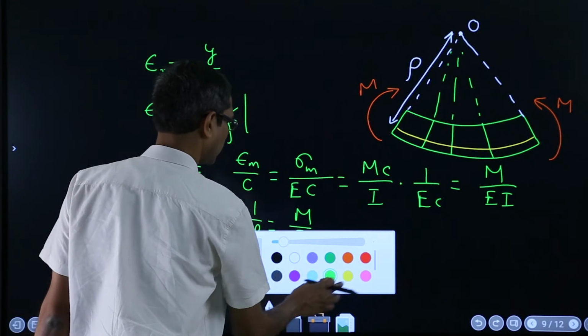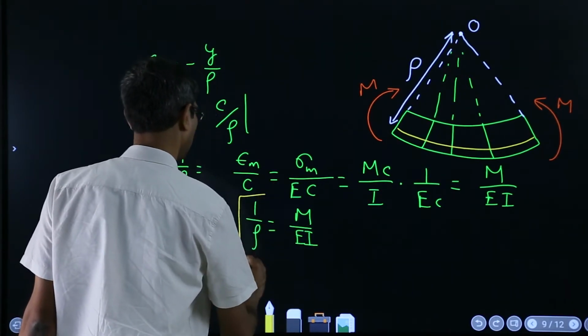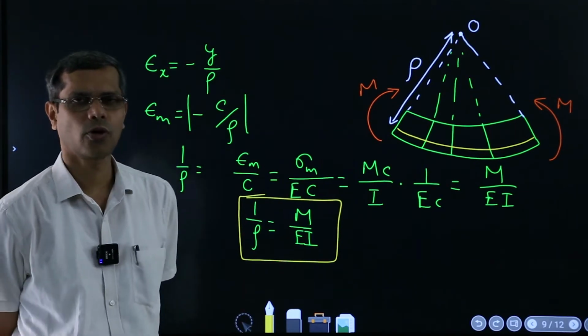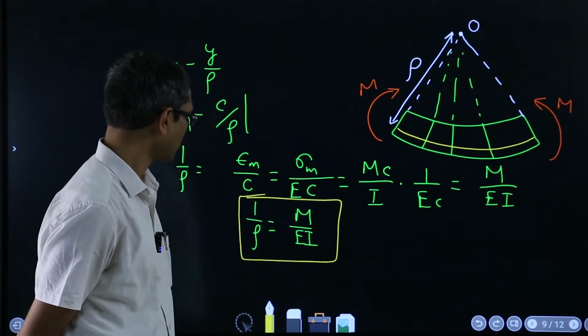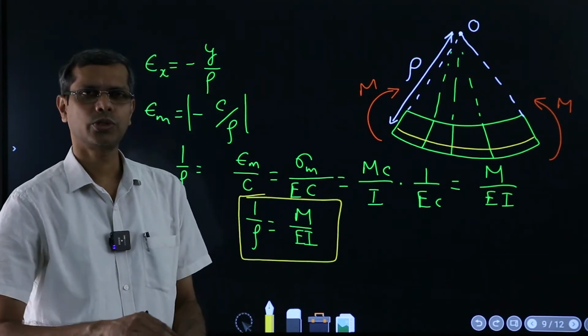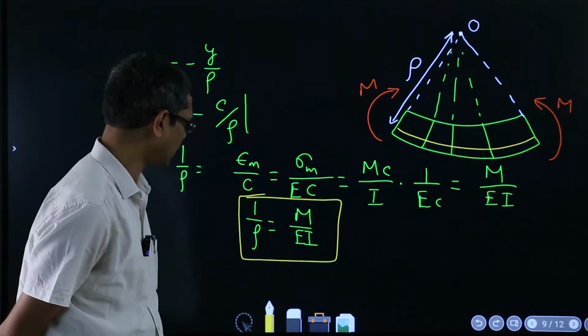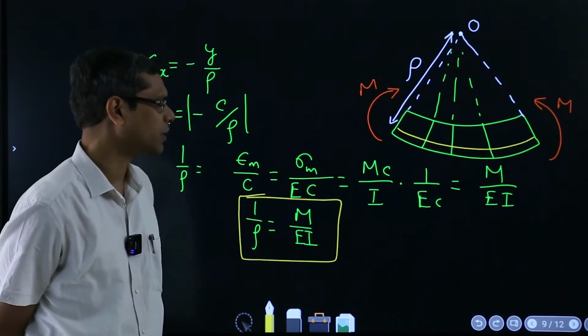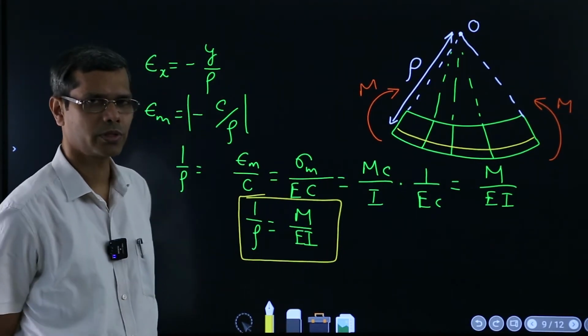So this is one of the very famous equations related to pure bending of Euler beams, where the deformation due to shear is not considered. Though we can calculate the shear stresses, the deformation due to them is not considered.